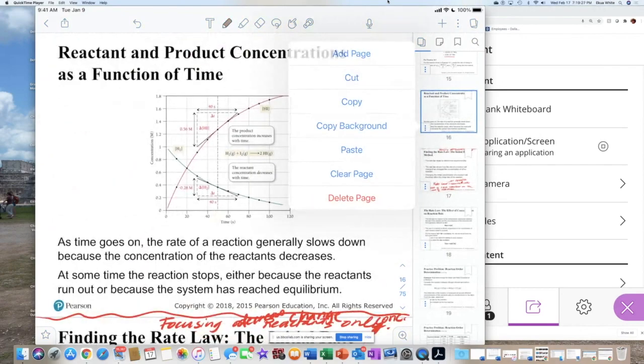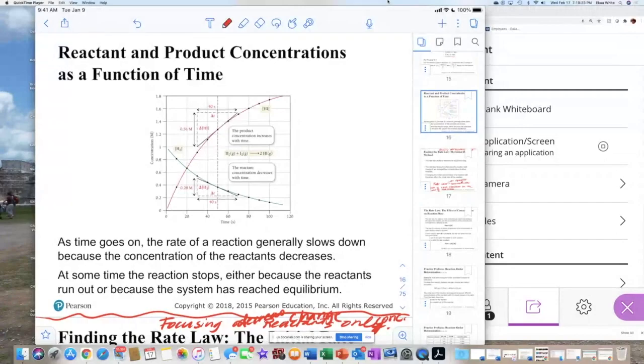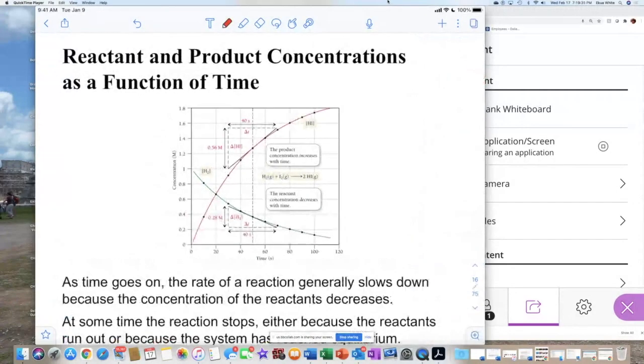Okay, so we're right here. Before we start focusing on the single reactant, we want to look at the graph. You want to be able to interpret it. So we're talking about interpreting the graph. It's one of those learning objectives written in the syllabus, that you need to know how to read the graph.